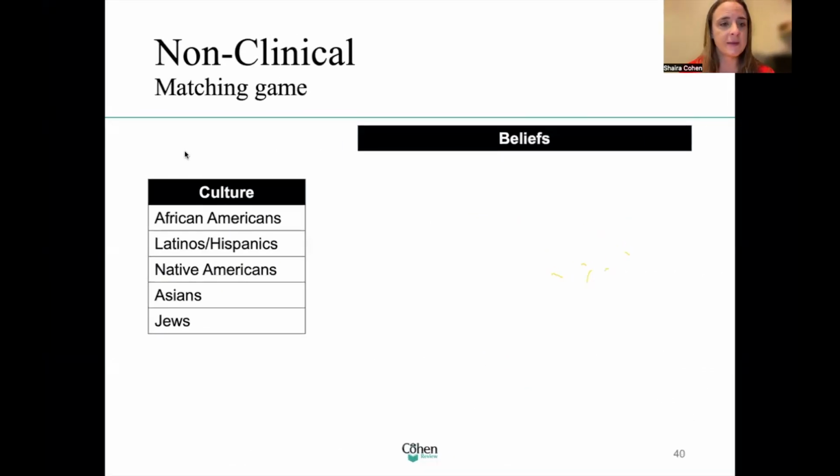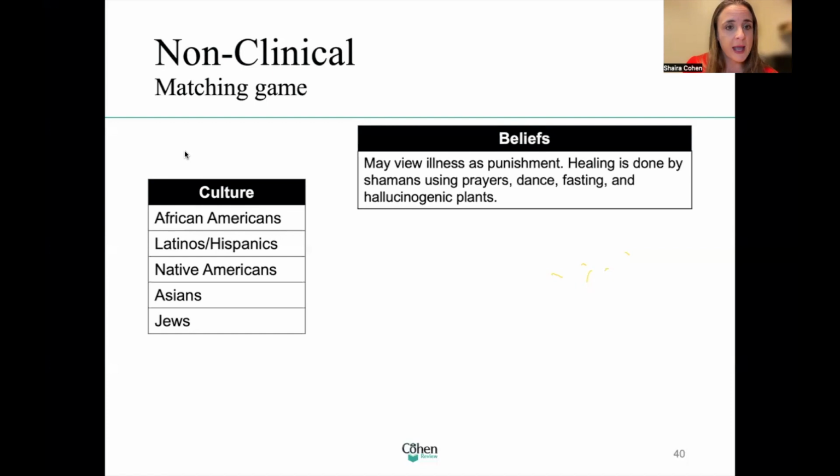All right, let's play a game. It's a matching game. On the left side, you have the culture, and on the right side, I will expose the belief. And as I expose them, I want you to tell me which culture you think it applies to, because yes, you have to know cultural awareness for the nurse practitioner boards. Are we ready? All right, hands on the keyboard at home on a piece of paper. The first one is, may view illness as punishment.